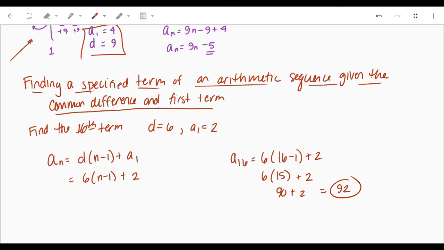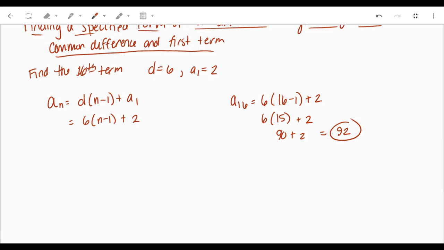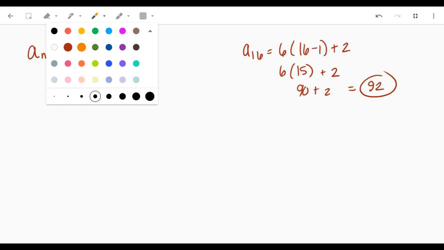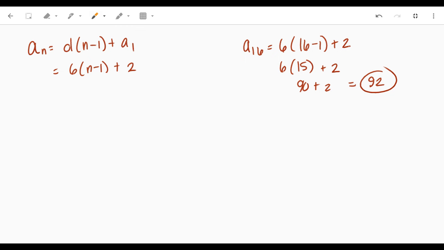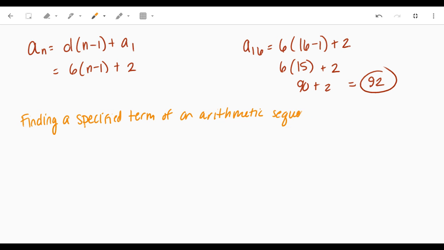All right. The next one. Again, really similar. Finding a specified term of an arithmetic sequence given two terms.